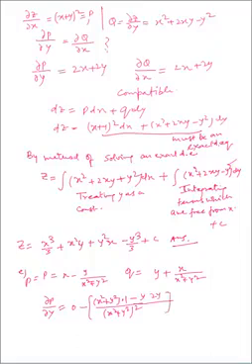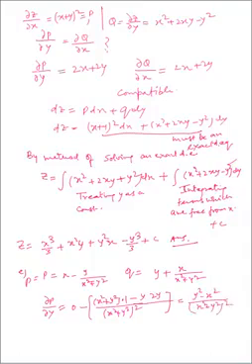It comes minus x square minus y square minus 2y square. It becomes plus, so we get (y square minus x square) upon (x square plus y square) whole square.